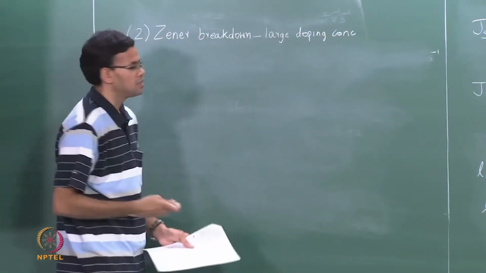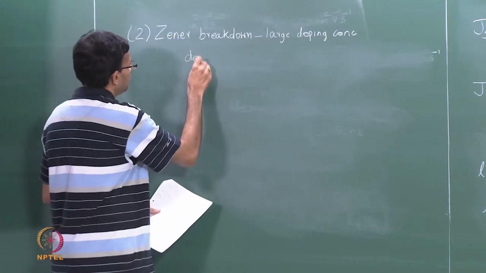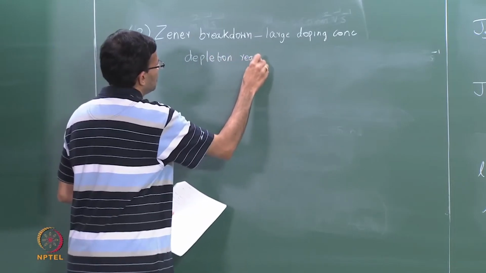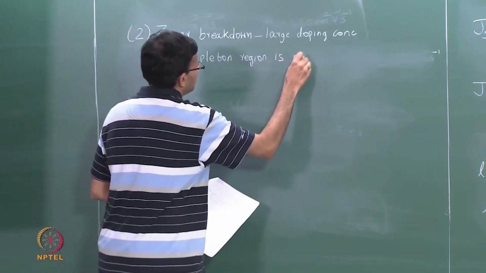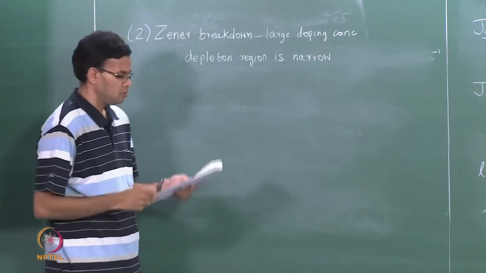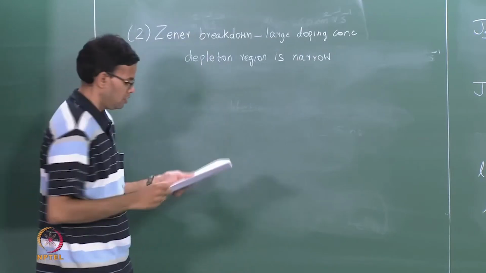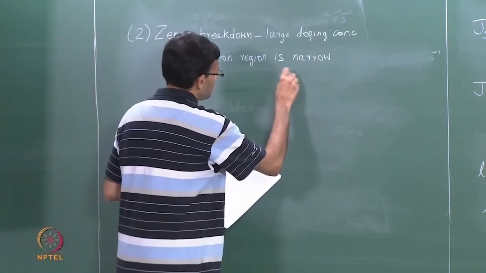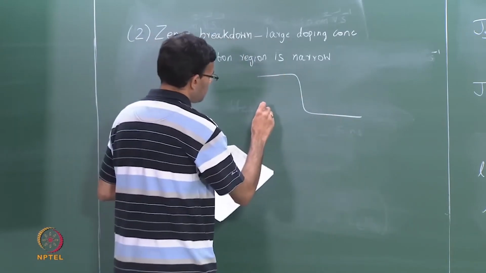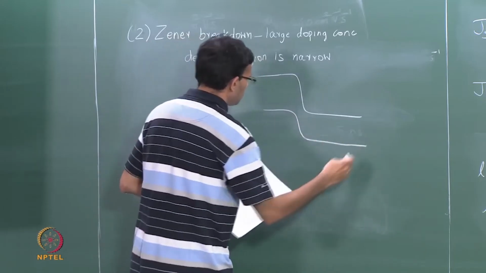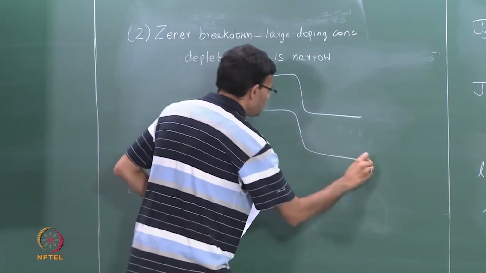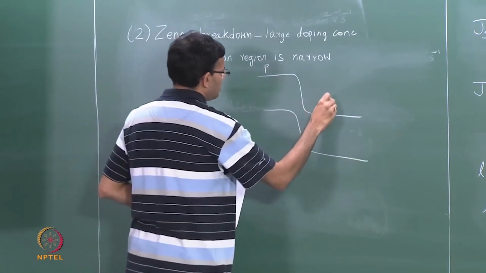In this particular case, the depletion region is thin or is narrow. So, if we were to draw the energy diagram for this, let me just draw it slightly. So, this is my P side, that is my N side.